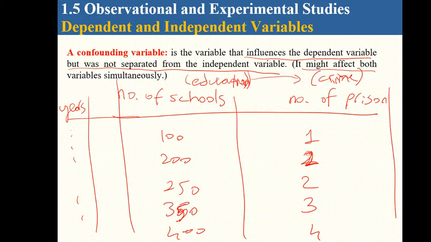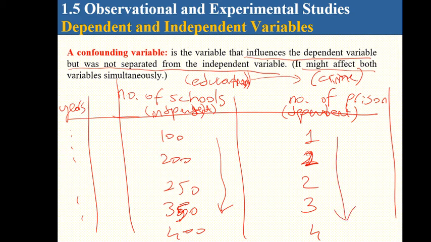When you look at these two, you assume the number of schools is the independent variable and the number of prisons is the dependent variable, because we assume that when the education level gets better, the crime rate goes down. But when we look at here, as the number of schools increases, the number of prisons is increasing.